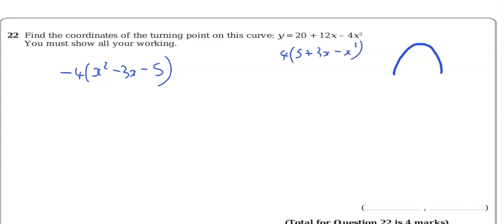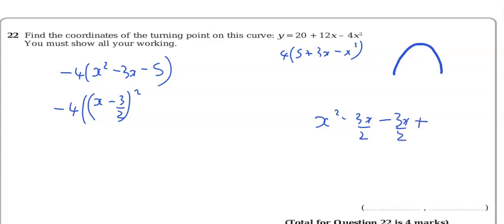But it's always better to get the minus sign on the outside of the brackets than to work inside the brackets conveniently. So with completing the square, we halve the number 3, x minus 3 upon 2 squared. So if I square that, I will get x squared minus 3x upon 2 minus 3x upon 2 plus 9/4.